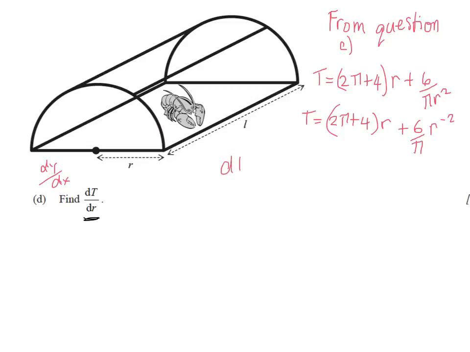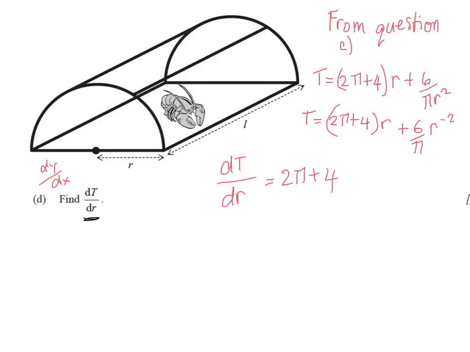So dt over dr. Remember that if you differentiated 5x, it would become 5. If you differentiate a million x, it just becomes a million. So when you differentiate 2 pi plus 4r, it just becomes 2 pi plus 4. Now, I'm not going over the rules of differentiation in detail. Hopefully that's something you remember. All right.